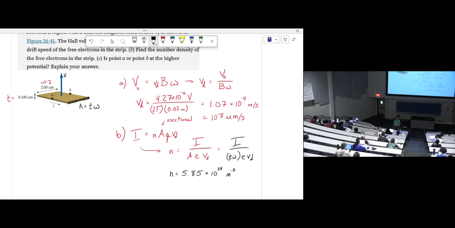Over 1 billion electrons per cubic meter here. 100 billion electrons per cubic meter. Pardon? E is the elementary charge, yes. E right here is that 1.602 times 10 to the minus 19 coulombs.